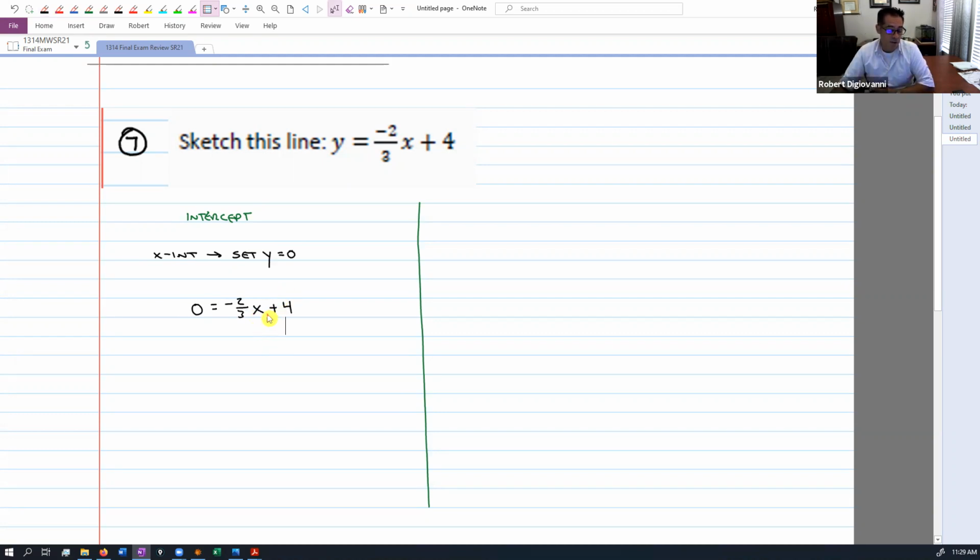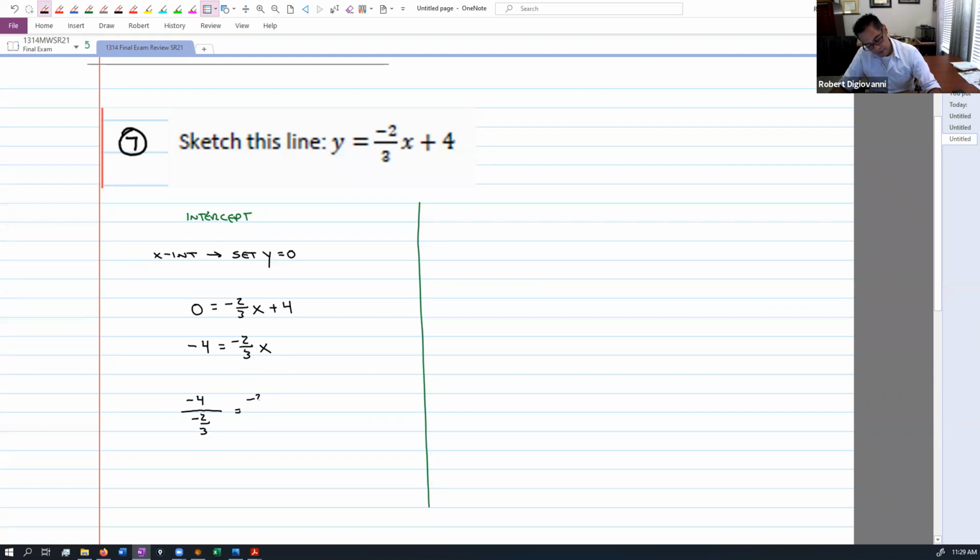And now I have to solve this for X. So I subtract 4 on both sides. And now this is the part that sucks. I've got to get rid of this -2/3 that's in front of the X. So what I would have to do now is divide both sides by -2/3.